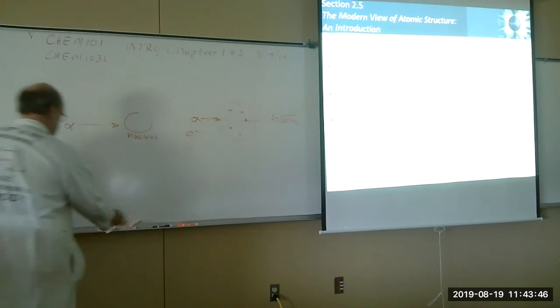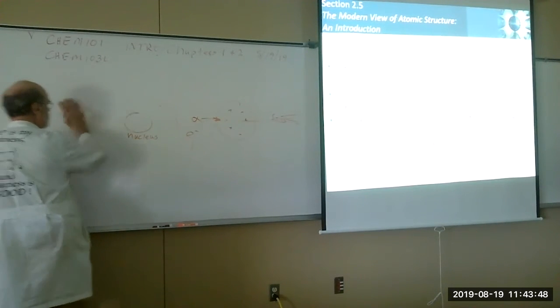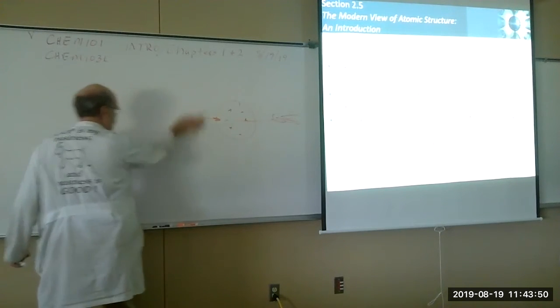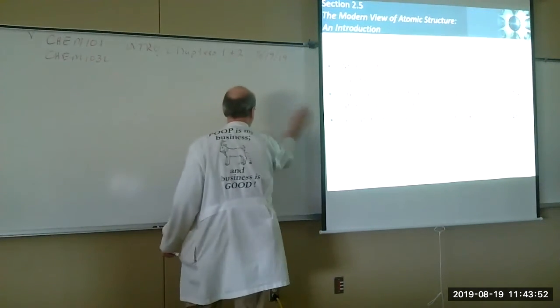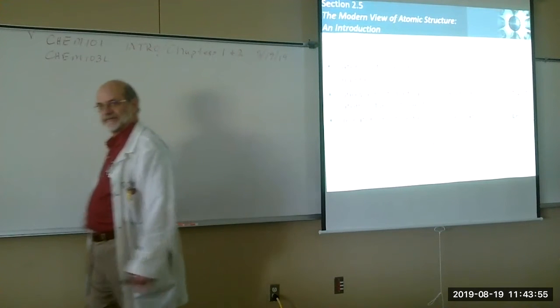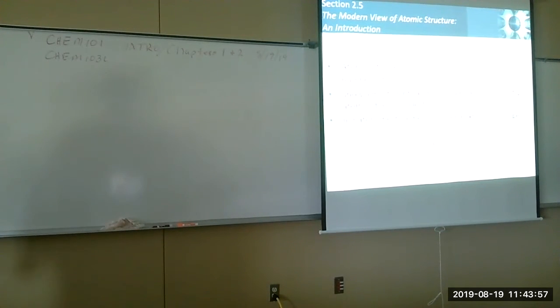Okay, now, one thing about Dalton's atomic theory was wrong. He said that all elements in a pure substance are exactly identical atoms. Right? They're not. Let me back up.